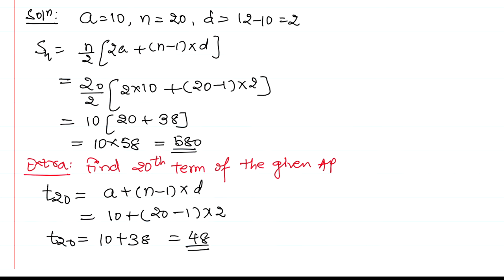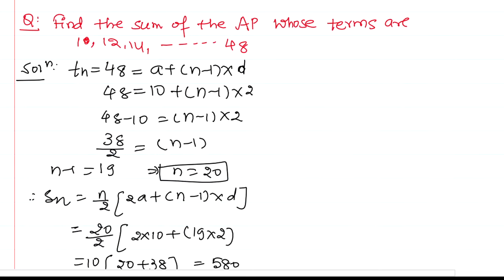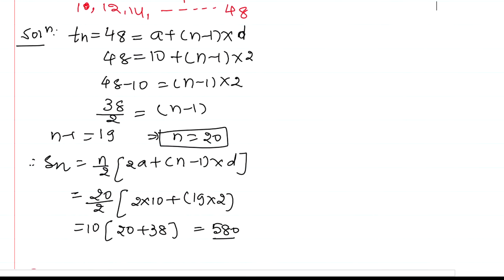We had calculated the 20th term for that question as 48, whereas in the question we are solving right now, the 20th term is already mentioned for us. See, it's given that the 20th term is 48. Correct? Okay.